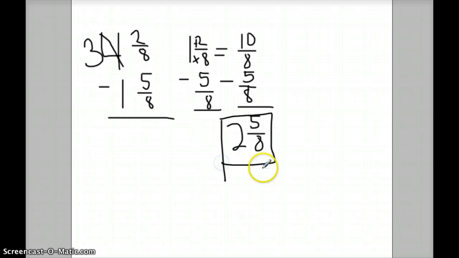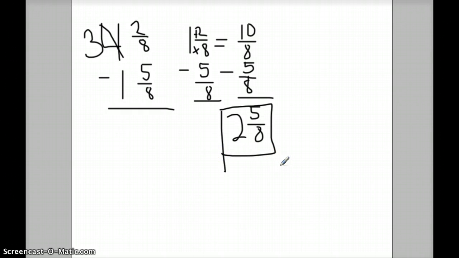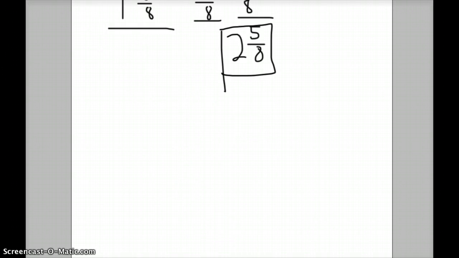We're going to do that one more time for a good example. Let's do the problem 2 and 1/4 minus 1 and 3/4.